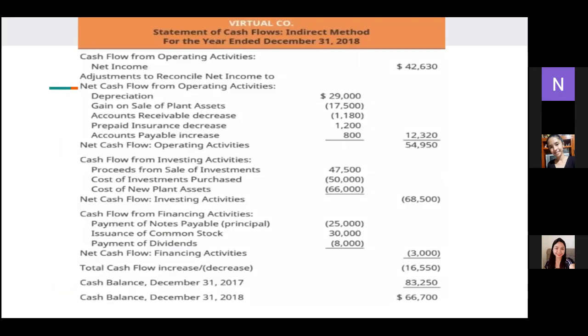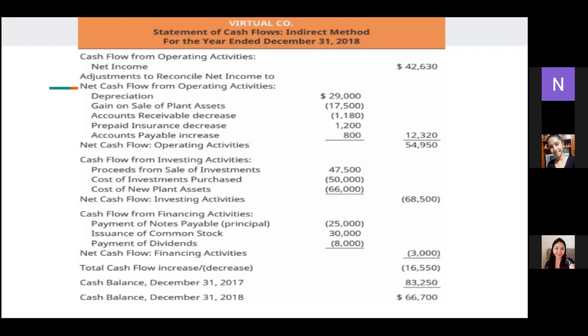So, ito na nga yung statement of cash flow under indirect method of virtual group for the year ended December 31, 2018. So, cash flow from operating activities, we have net income, yung na-compute natin kanina na 42,630.